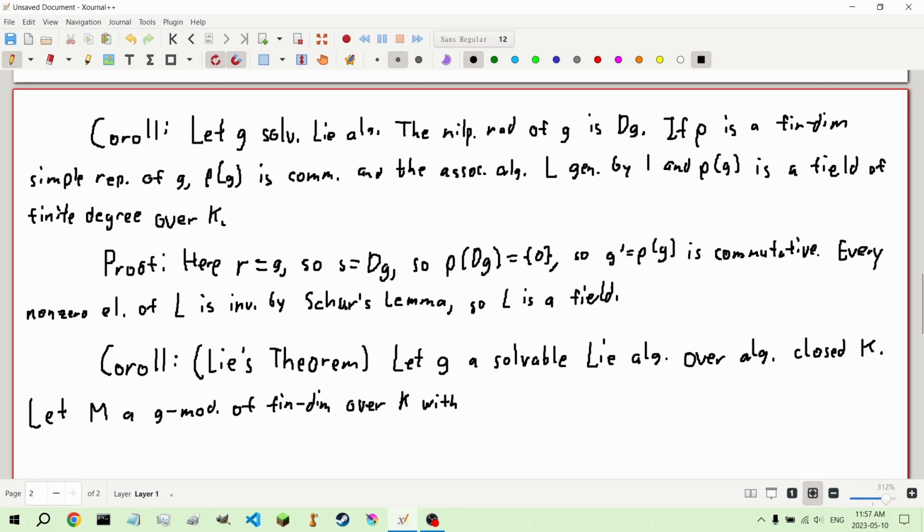With a Jordan-Hölder series of M_i from 0 to r.